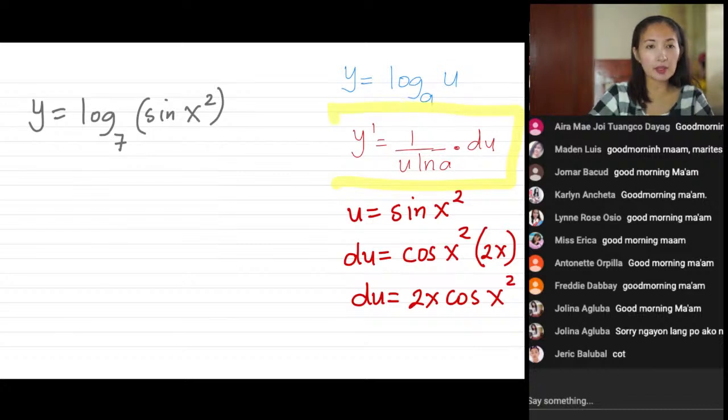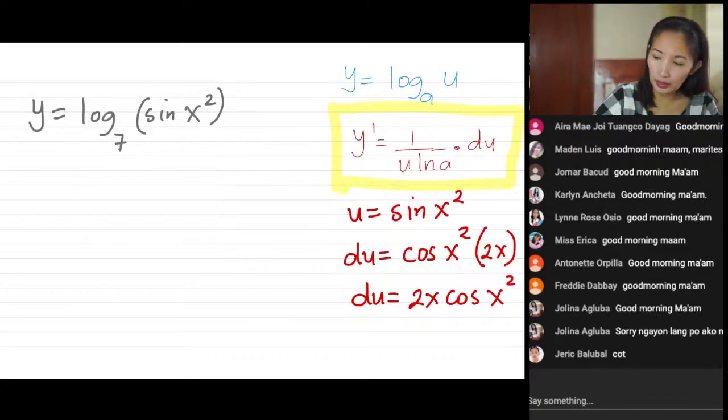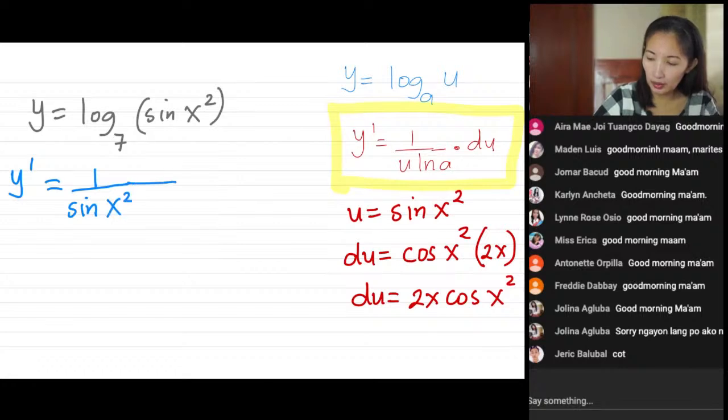y prime is equal to, so going back now to the original function and differentiating it, y prime is equal to 1 over u, which is sine x squared, times the natural logarithm of the base, which is 7.